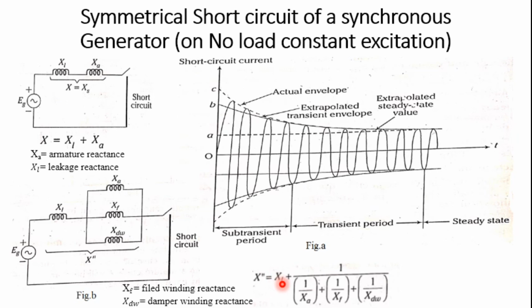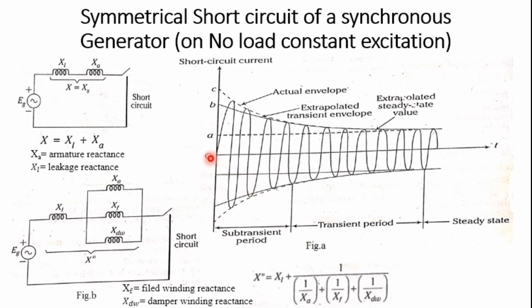So X double dash can be written as XL plus 1 divided by (1/XA plus 1/XF plus 1/XdW). Here XF is the field winding reactance and XdW is the damper winding reactance.